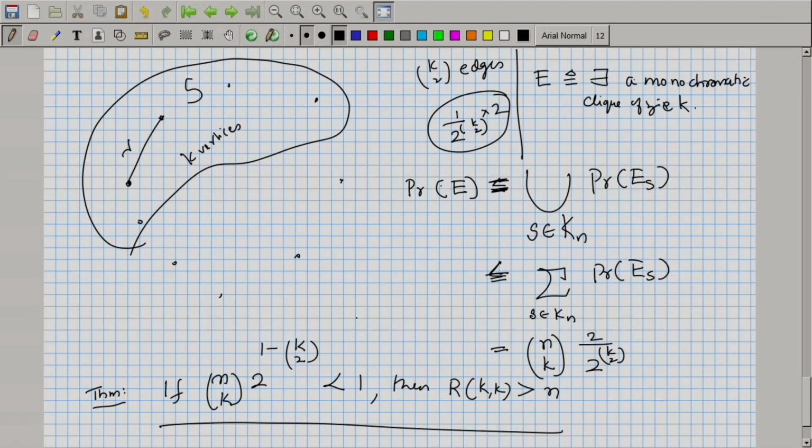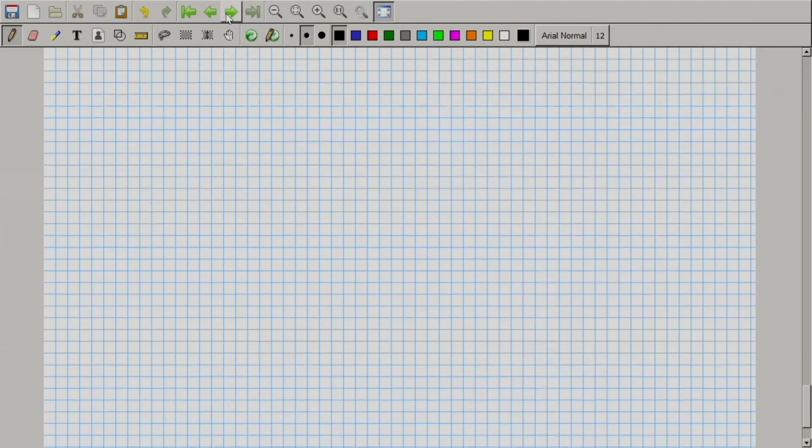Okay, so that is our theorem. Now, we need to derive asymptotics, that is, for a given value of k, what is the best possible n that we can obtain. So, we will work out the asymptotics.